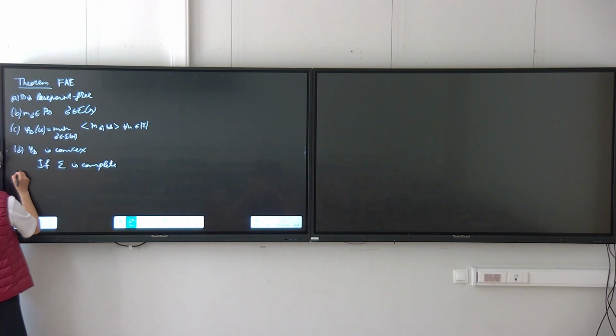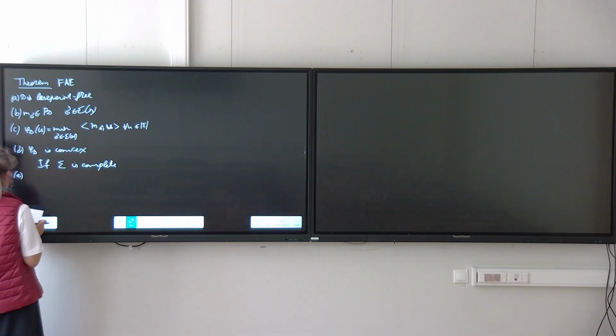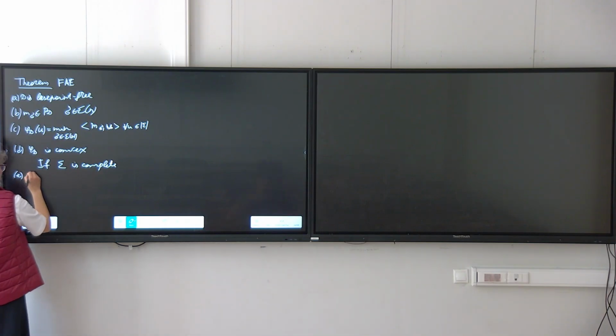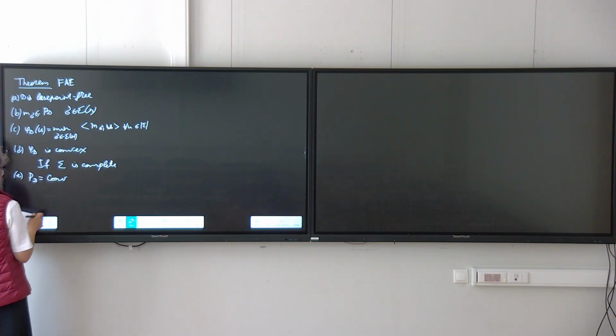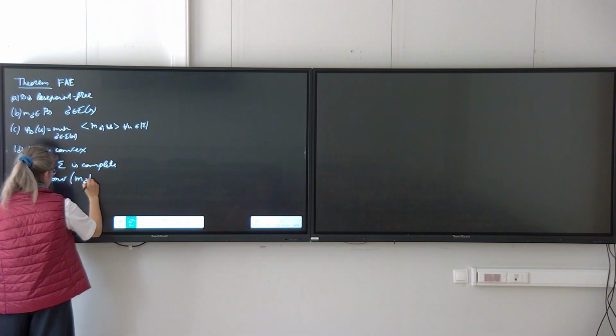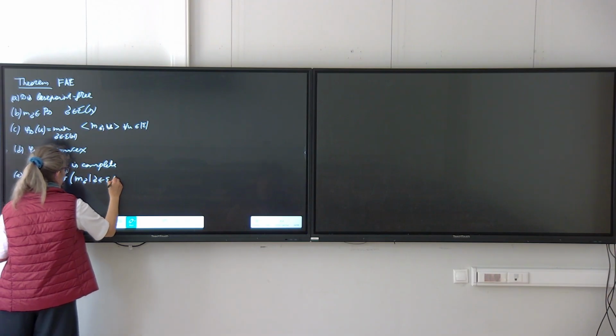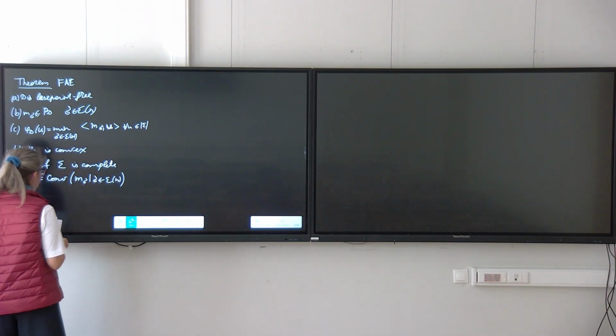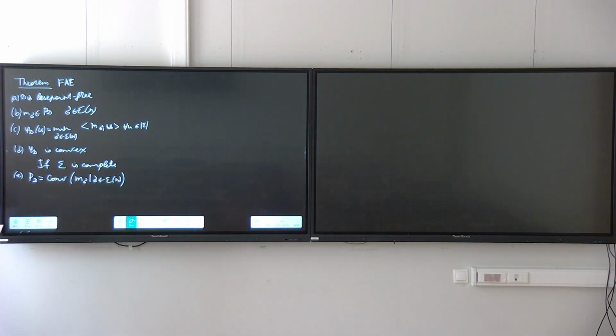Then what is more interesting? PD is the convex hull of our m sigma, which we constructed now. So here we say that they belong to PD, and here that they give it.